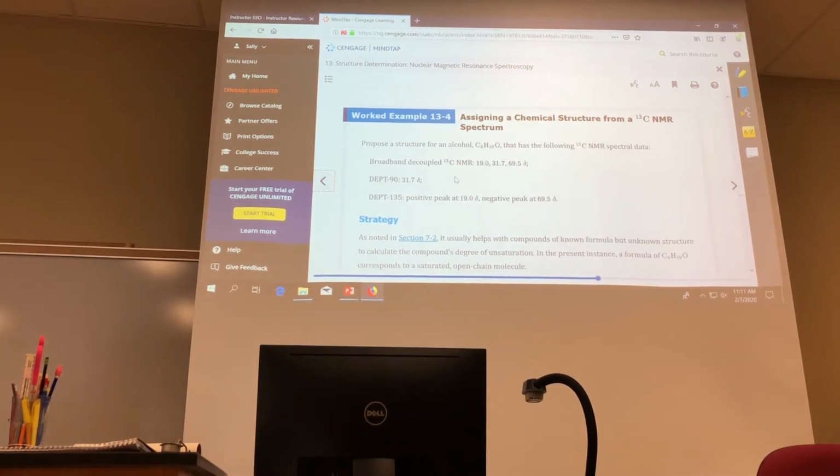Okay, now it's saying it's an alcohol, so we know we have an OH, right? Everyone remembers OH is alcohol, right? Okay. And what kind of carbon is that going to be bonded to? Which one is that going to be?